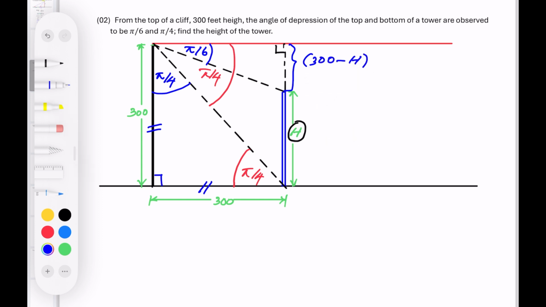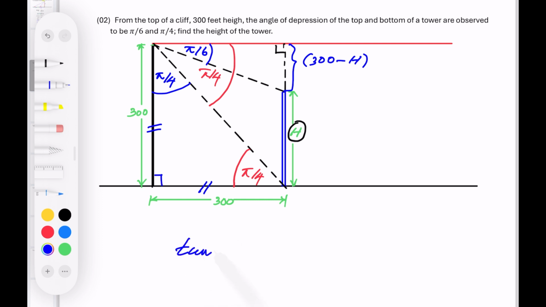Now I can write down an equation for tangent pi over 6 using the triangle right here. For that triangle, if I write down an equation for tangent pi over 6, the opposite is going to be equal to 300 minus h. The adjacent is going to be equal to 300. Let me write down that equation.